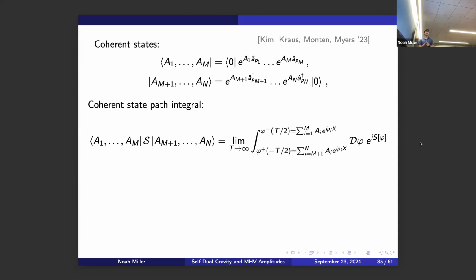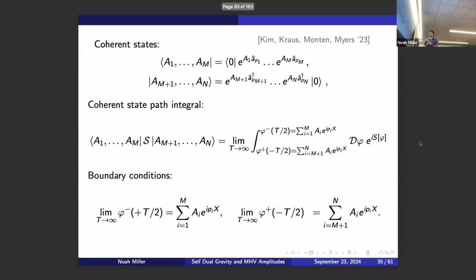In the coherent state path integral, what you naturally find is that the positive frequency data gives you the incoming particles at t equals minus infinity, and the negative frequency data in the future is the outgoing data. So we're looking at fields with mixed boundary conditions that have certain negative frequency data in the future and certain positive frequency data in the past.